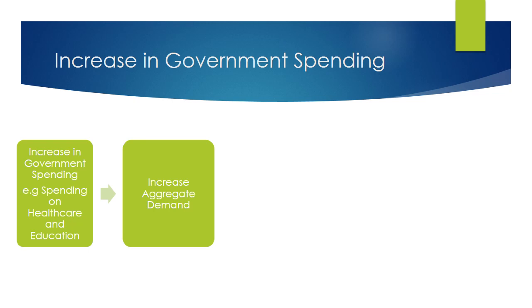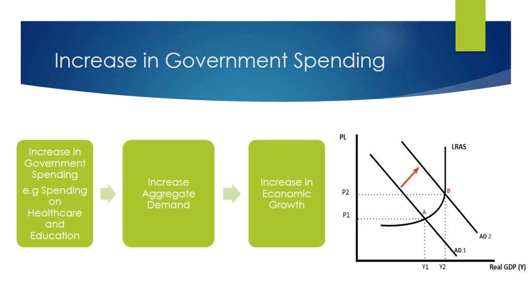With an increase in AD, there will then be an increase in economic growth. This can be shown in the diagram, where an increase in AD represented by a shift from AD1 to AD2 leads to a rise in GDP represented from Y1 to Y2. Please don't forget to make a connection between this diagram and your written analysis in your exam responses as shown in the slide right now.